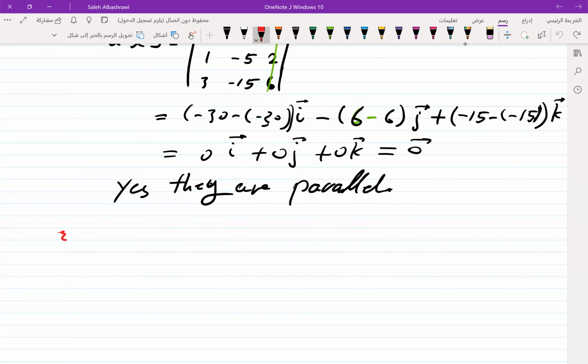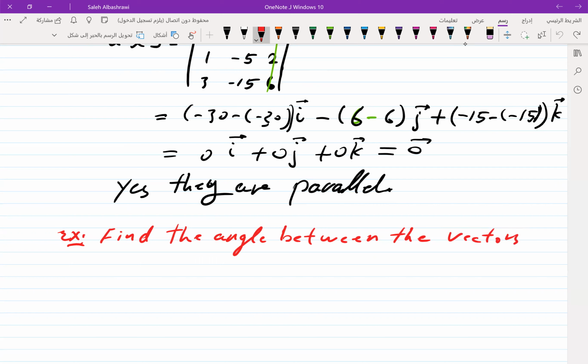Take now an example. Find the angle between the vector A, say 2, minus 1 and 3, B, minus 1, 4 and 5.